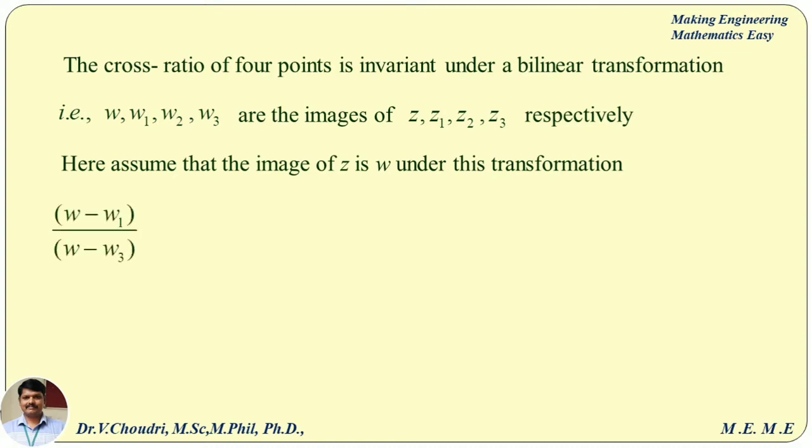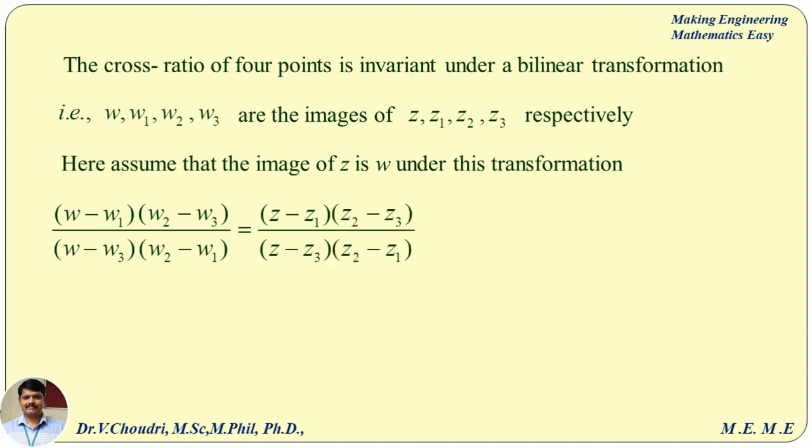So the formula is w minus w1 divided by w minus w3, into w2 minus w3 divided by w2 minus w1. As per the invariant property, we replace w by z. We get z minus z1 divided by z minus z3, into z2 minus z3 divided by z2 minus z1. You know how we remember this formula? In the numerator 1, 2, 3, in the denominator 3, 2, 1.